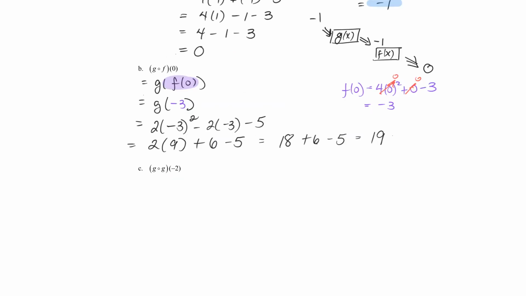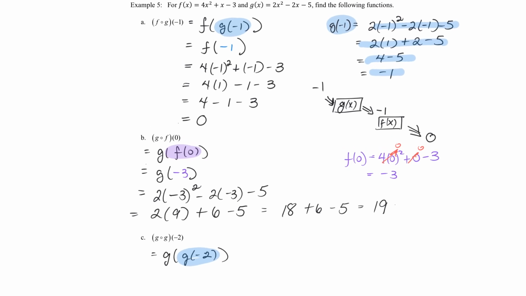And then finally, you can compose a function with itself. And you can also do composition more than once, right? So this is going to be equal to g of negative 2. So I'm going to come over to the side, and I'm going to find what is g of negative 2.